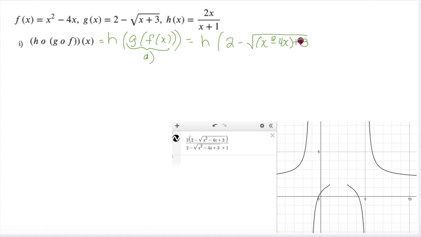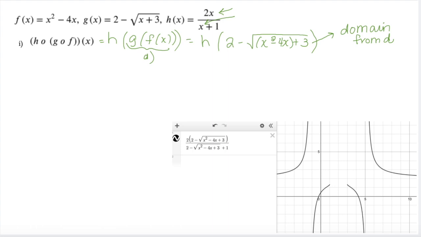We also know what the domain of this is from D as well. So if I now want to find out what is h of all of that, wherever I see x, I'm going to replace it within my h function with our g of f.